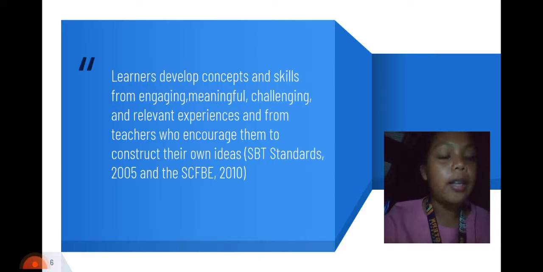So, as what I have said earlier, effective science teaching involves students' sense of natural events and the science ideas underlying them.